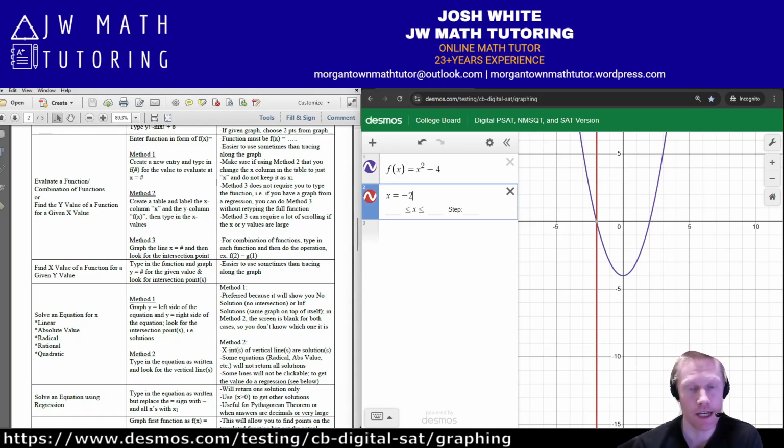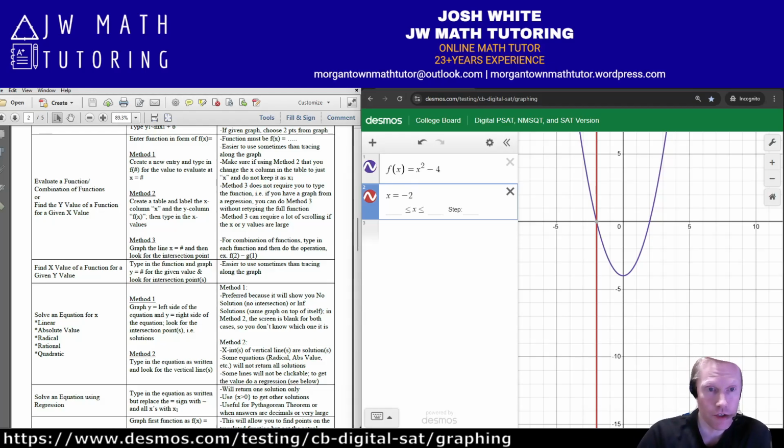So what I mean by that is if you do a regression, like I just did, I was just doing linear regression for lines, right? And then you want to evaluate that at, whatever, x equals 4, like I did for that one problem. If you use method 3, you don't have to retype the function. You can just type x equals 4 and the graph is already there, and then you just go to the graph and get the point.